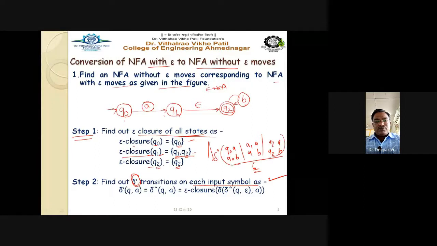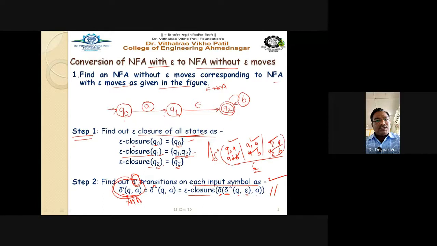And what is the formula? Delta dash (q, a) is equal to ε-closure of delta cap of (q, epsilon, a). This formula we have to use for all six. Once you find delta dash (q, a), what are you finding? The transitions in the NFA without epsilon moves.